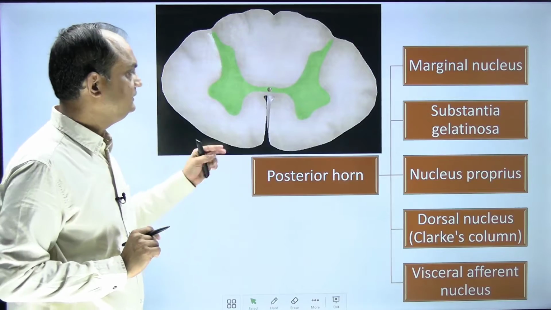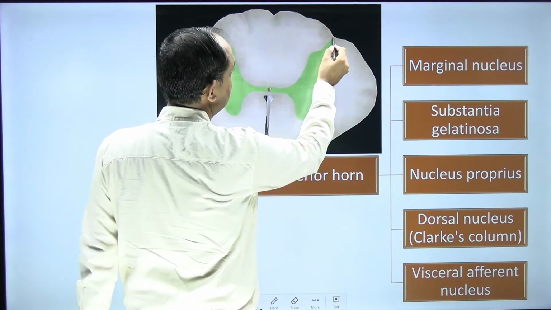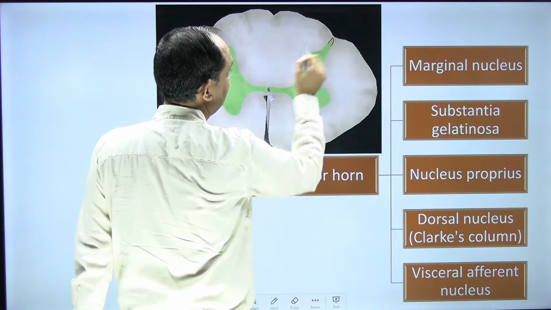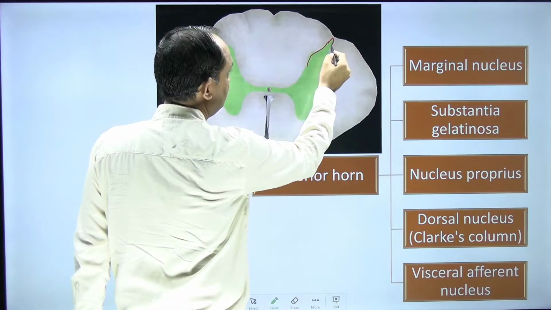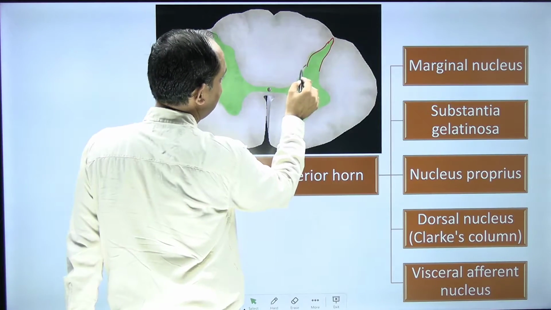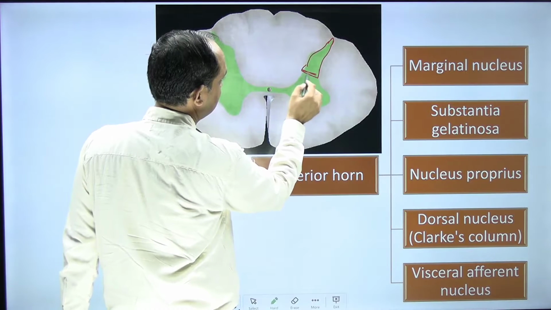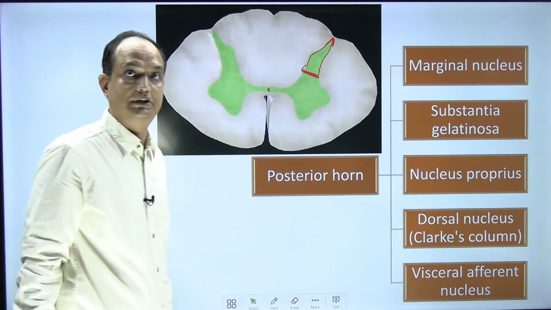The second horn is the posterior horn. This posterior horn has a pointed area posteriorly, like this. This is known as the base of the posterior horn, and this is known as the apex of the posterior horn.